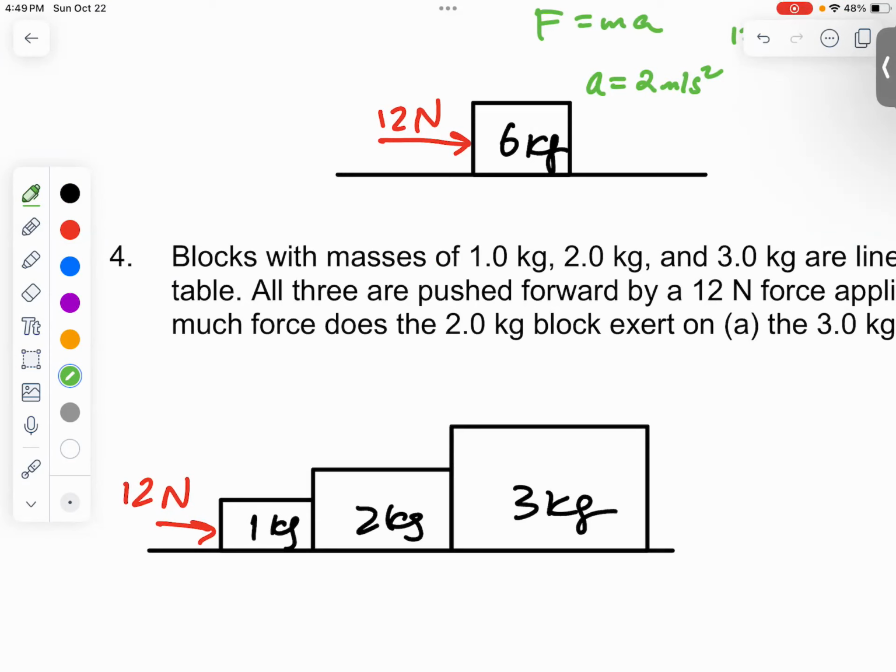Again, if you're going to push from one end and these 3 blocks are moving, do they have the same acceleration or do they have different acceleration individually? What do you think? Same or different?